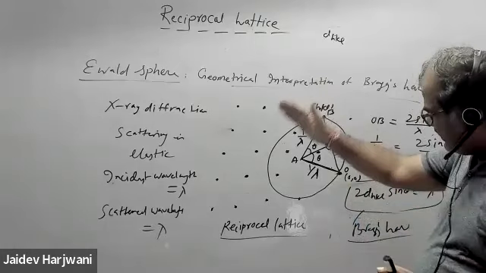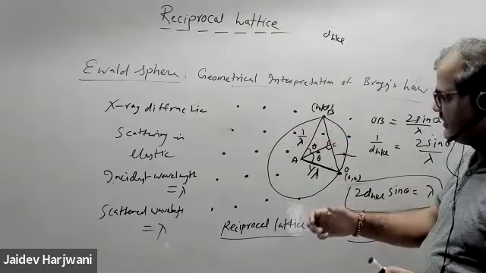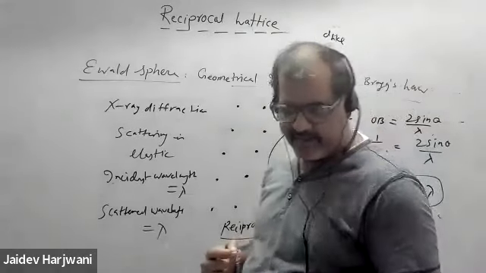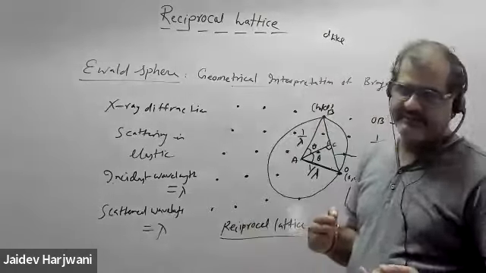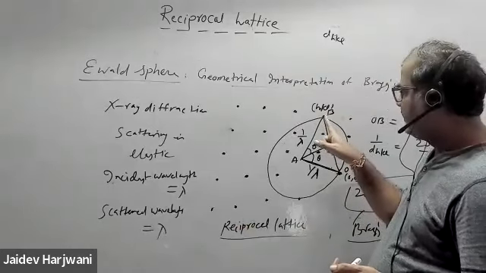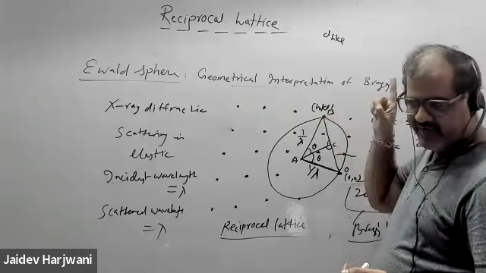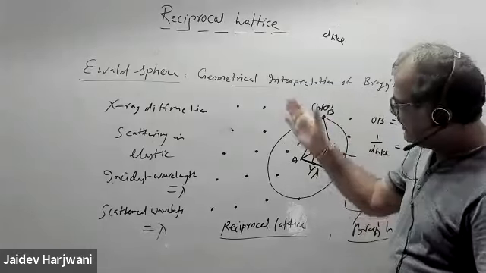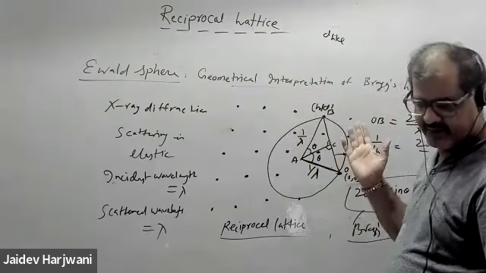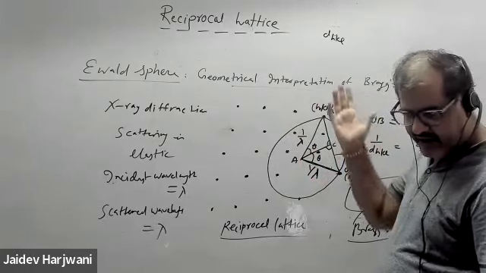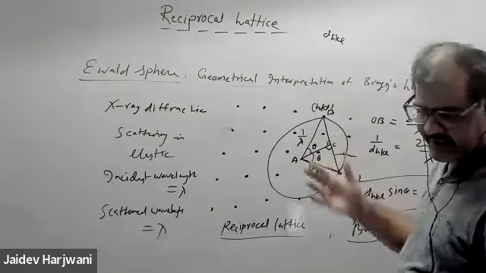Similarly, if you have a reciprocal lattice and if you draw a sphere of 1 by lambda length, then if you're touching some lattice point, that means for that plane the X-ray diffraction condition will be satisfied. Is this definition clear? Interview में पूछते हैं what is the Ewald sphere. So the Ewald sphere is nothing but a sphere of 1 by lambda radius in reciprocal lattice.